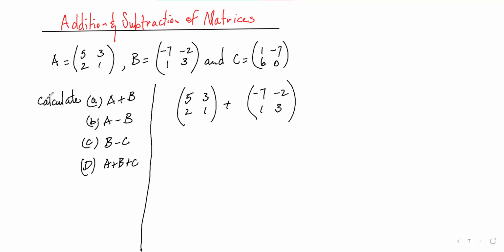So what we're going to do, we are going to add the 5. So we have some order here. This 5 will add to this -7. So that's your order. You're working with the 5 and the -7. Then if you go by the column, we could work this one.